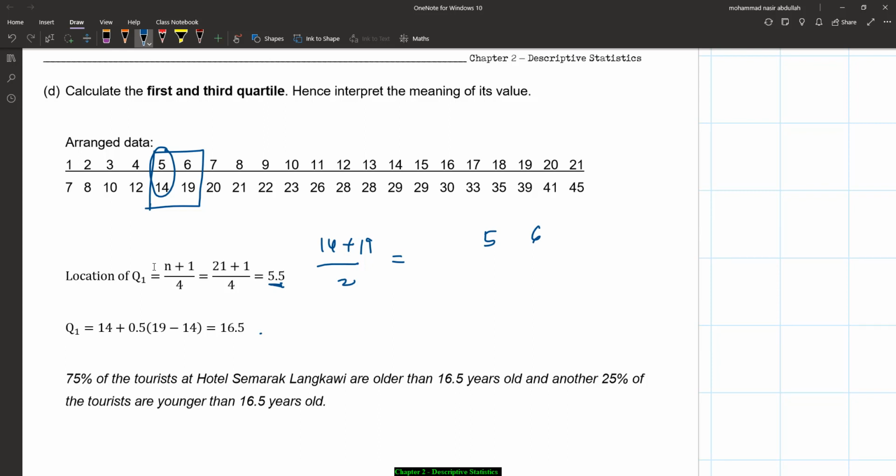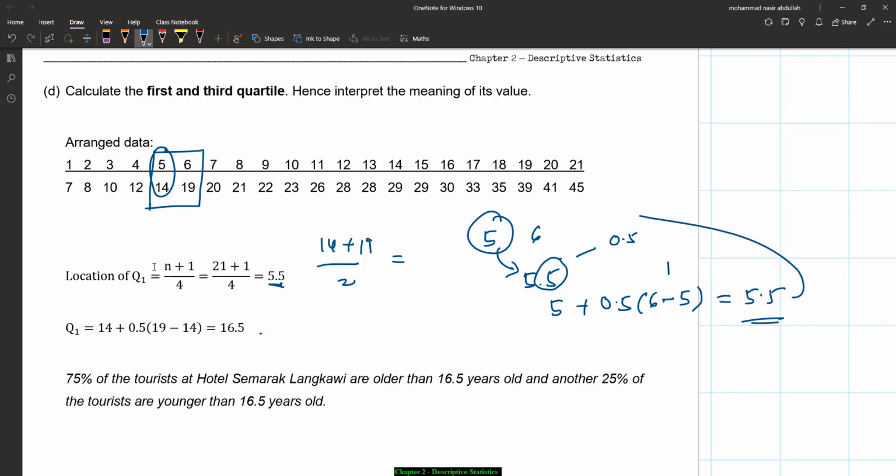So we want to find the value of 5.5, and of course 5 is already here, right? So 5 plus, we want to find 0.5 between 5 and 6. So 0.5 multiply with, oh sorry, 6 minus 5. 6 minus 5 equal to 1, and then this one multiply with 0.5, it should be equal to 5.5.